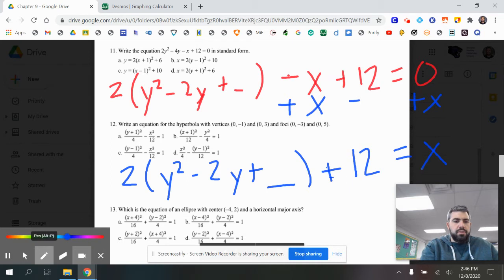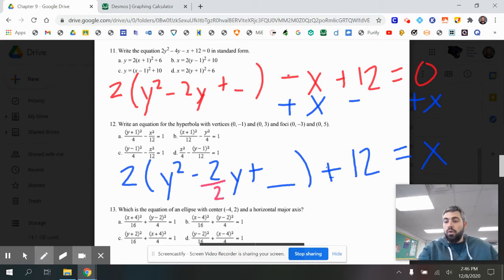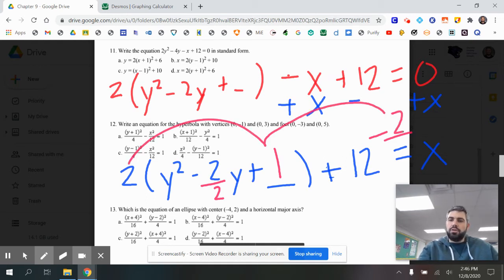Okay, so just like we did before when completing the square, we take half of negative 2, which is negative 1. Negative 1 squared is 1. And I'm actually going to subtract it from 12 because I'm going to keep it on the same side. So 2 times 1 there would be 2. And so what ends up happening is I have this 2 on the outside, and then I have y minus 1, remember it was that half, squared, and then 12 minus 2 would be plus 10 equals x.